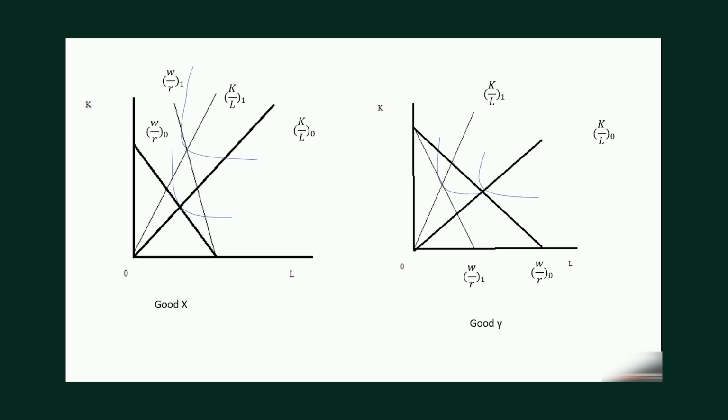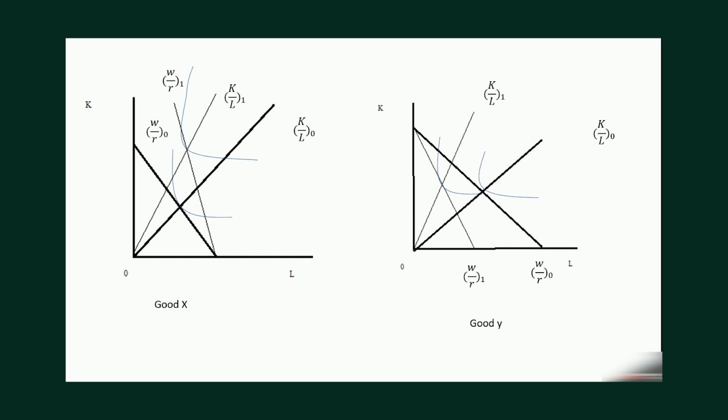If we look from the isocost and isoquant perspective for both goods, suppose the initial wage rental ratio in country 1 was WR0, denoted by the thick isoquant line. When WR0 was the isocost line, the country was producing at this particular point of tangency between the isoquant and the isocost line.